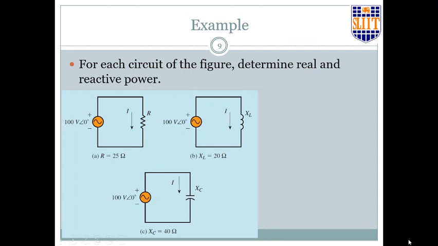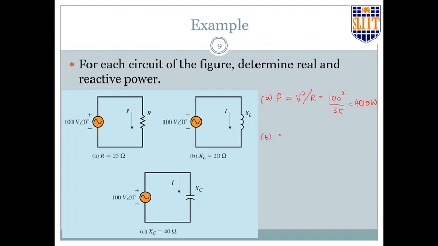For the first case, that is the first circuit, A, what we have is a resistor, so it's the average power or real power P. We know the value of R, so we can use V squared over R, which is 100 squared over 25. Using the calculator, 100 squared divided by 25 is 400 watts, right?